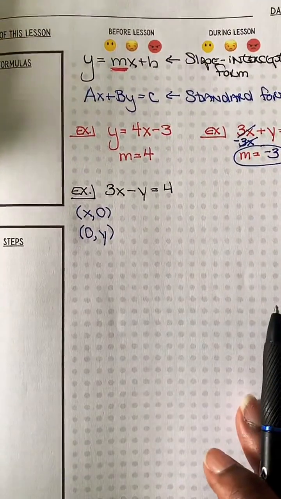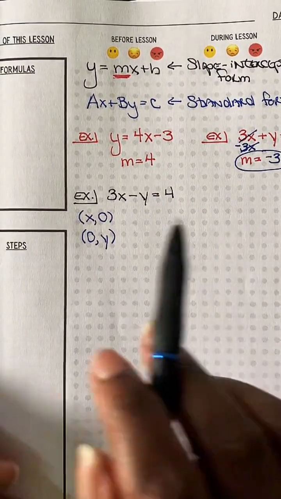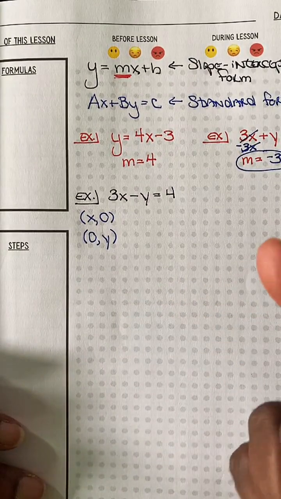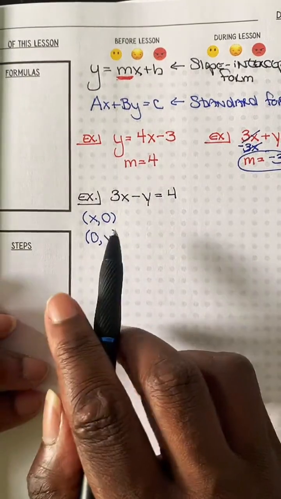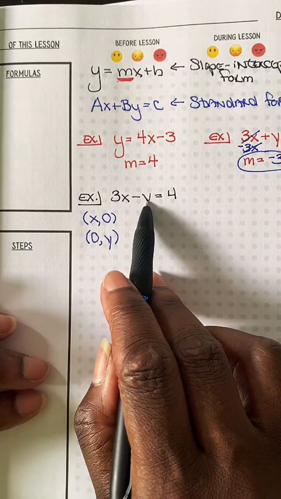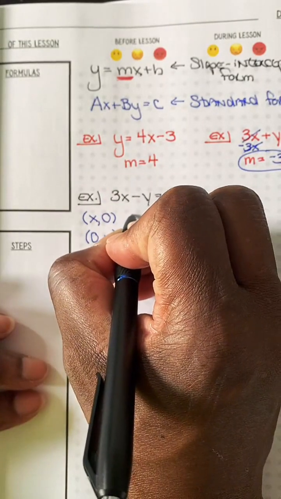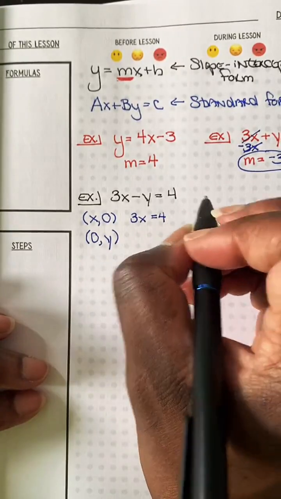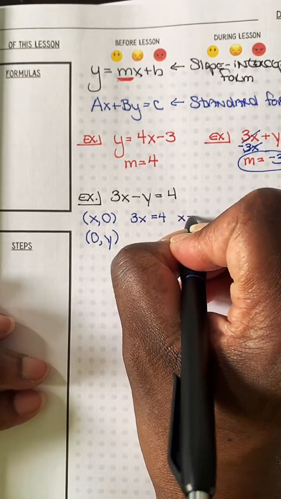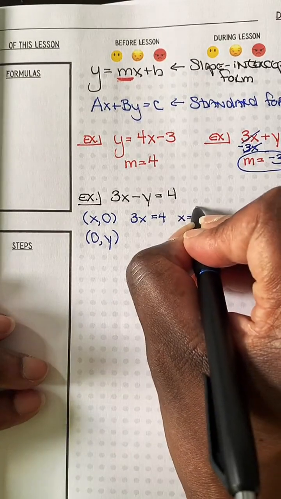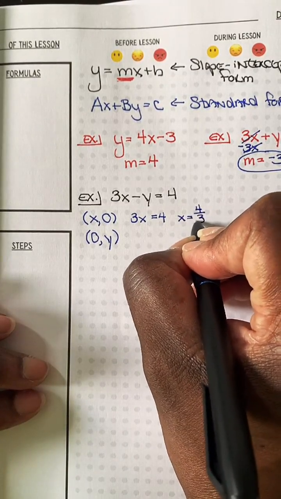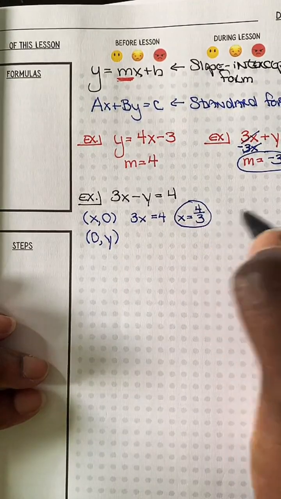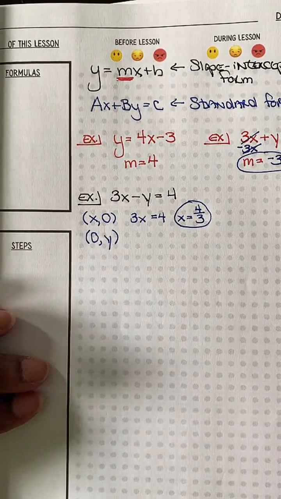So if I plug 0 in for y, I get 3x is equal to 4. That means my x value is 4/3, so my ordered pair is 4/3, comma 0. That's 1.